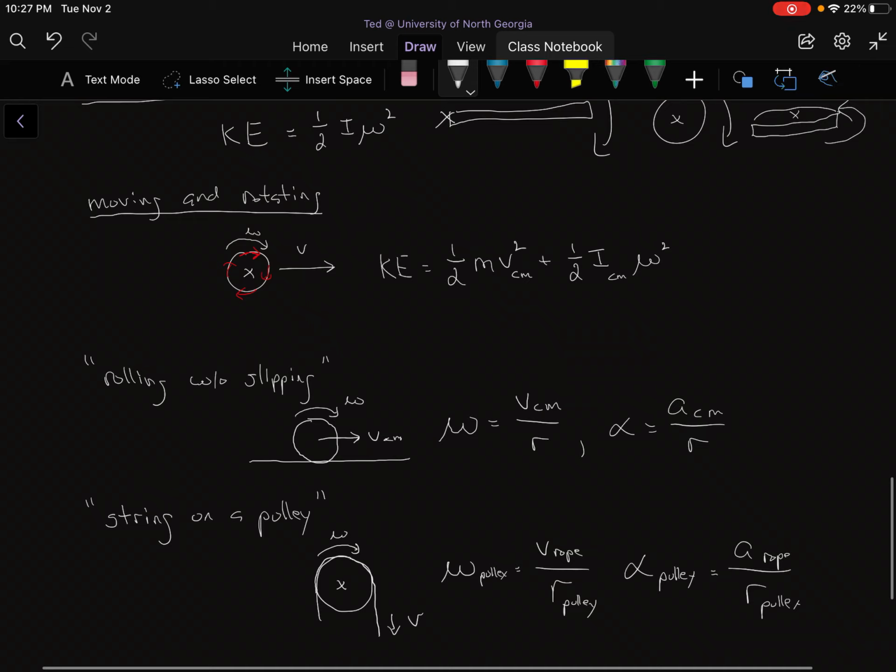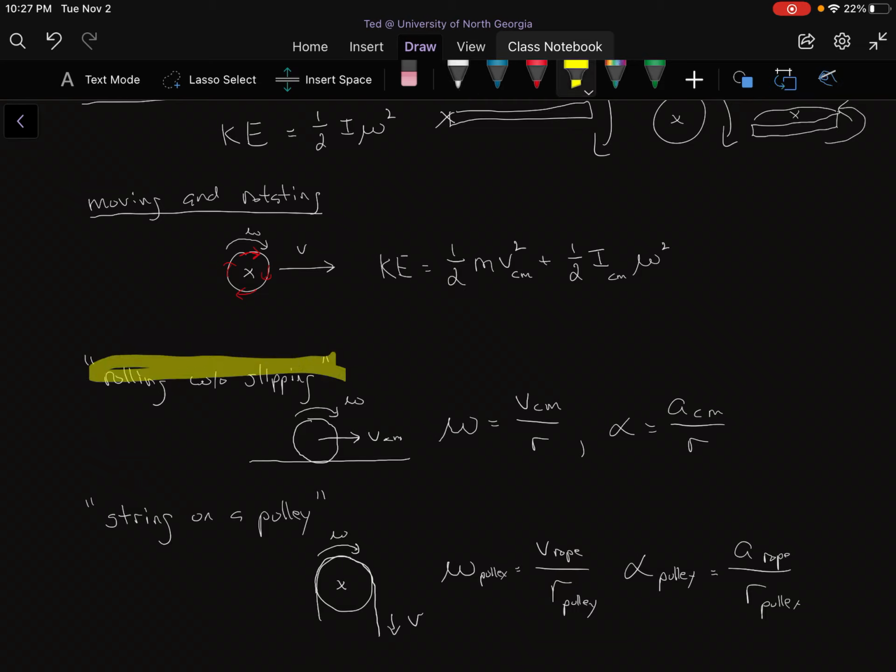So those are both really important kinds of relationships that can show up in problems. But a really important thing about rolling without slipping is that when we're rolling without slipping and we're thinking about energy, we usually are safe using the approximation that there's no skidding happening between the wheel and the ground.